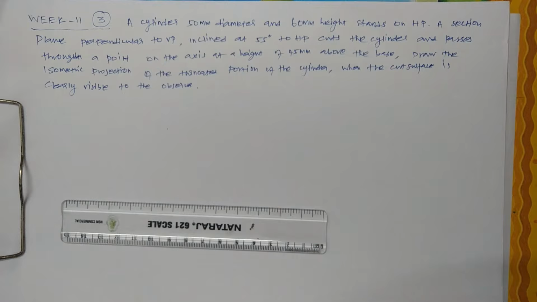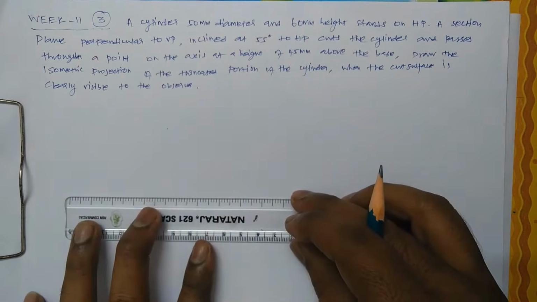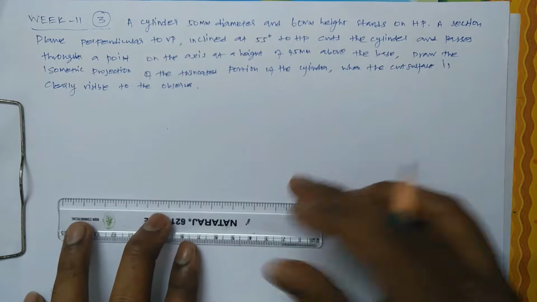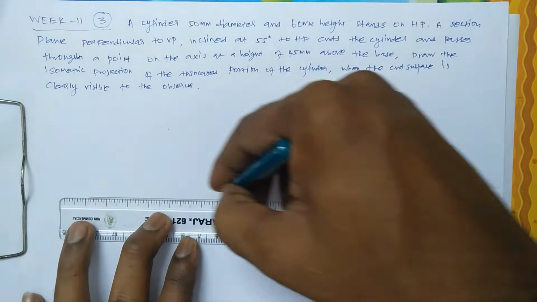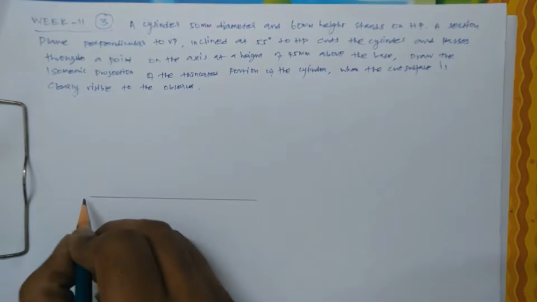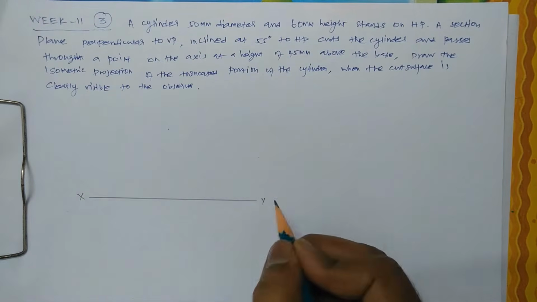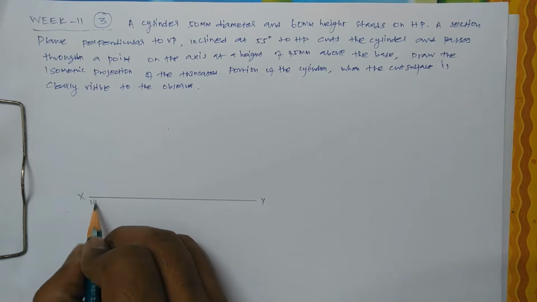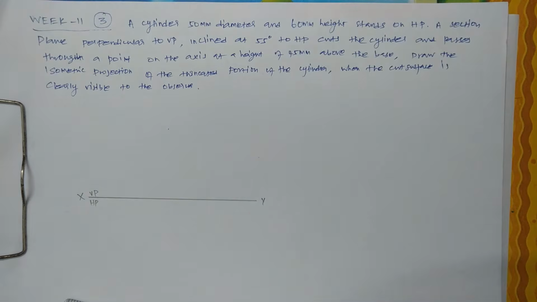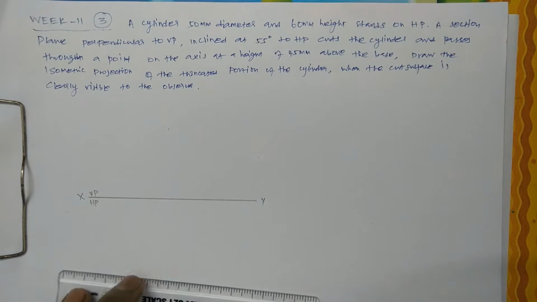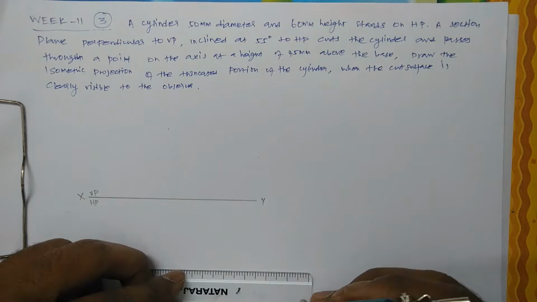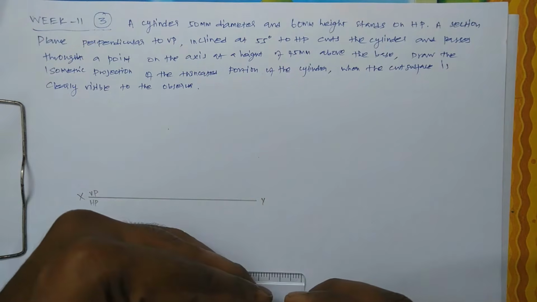So let us make the reference line XY, and the planes HP and VP, and simply draw the 50 mm diameter cylinder.